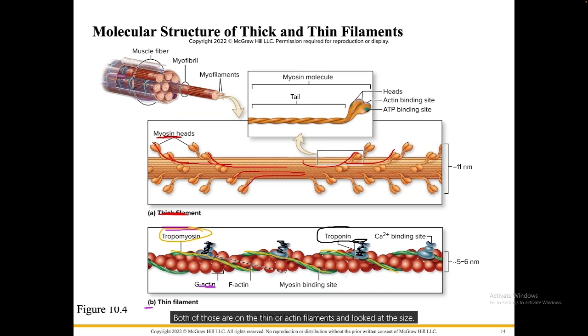And look at the size. The thick is about twice the size of it. Don't worry about the units right now, but this one's about 5.5. This one's 11, right? Thick is thicker. This is so important because this is what we're going to build our movement understanding on. Two myofilaments that are contractile. Thick has myosin. Thin has actin.